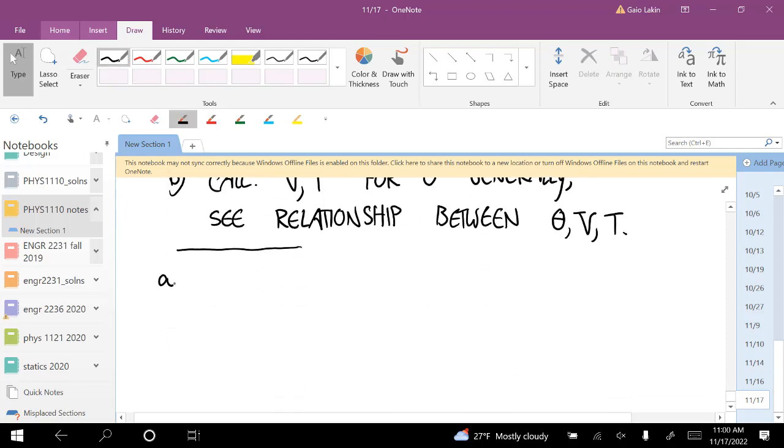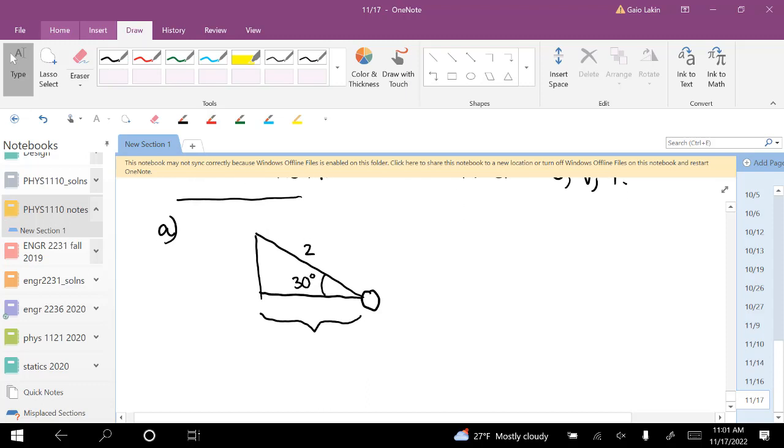Okay, so for part A, there's the view. This angle is 30 degrees. This length is 2. The radius of the circle is 2 times cosine of 30, which is 1.732.